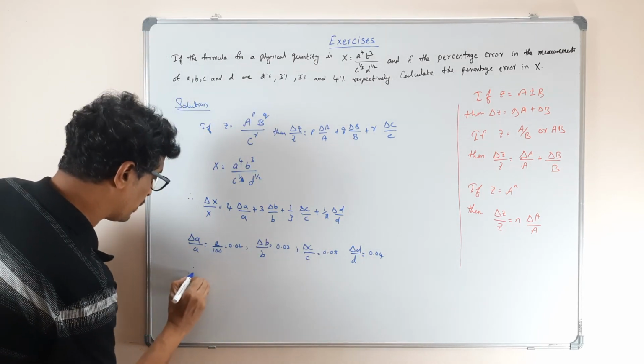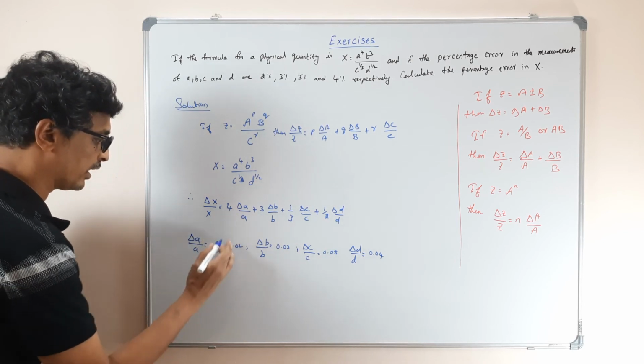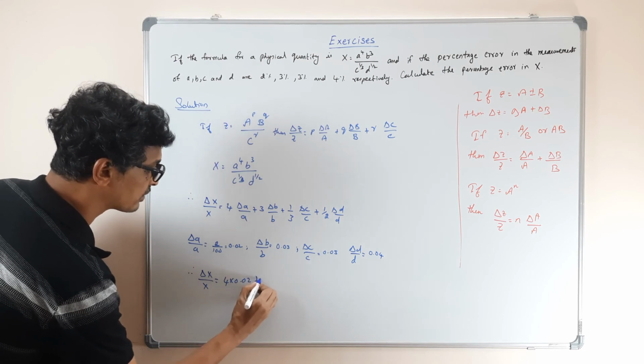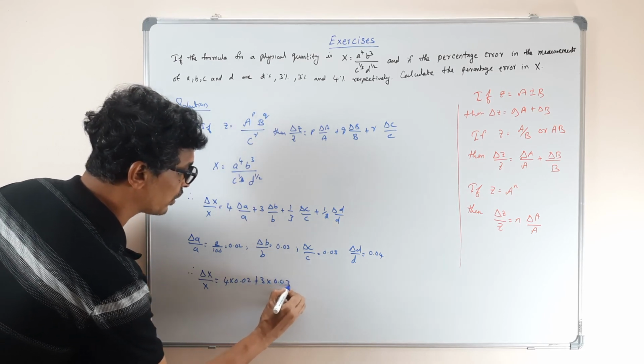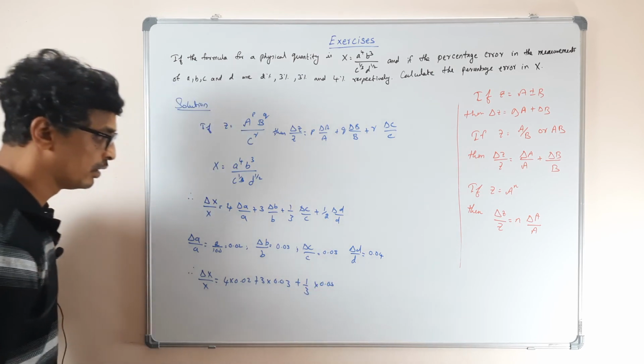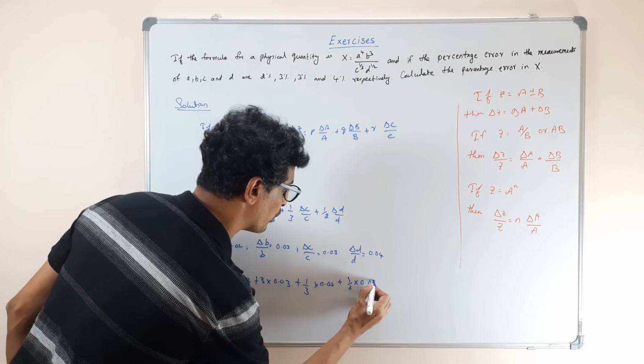So therefore, delta x by x will be equal to 4 into 0.02 plus 3 into 0.03 plus 1 by 3 into 0.03 plus 1 by 2 into 0.04.